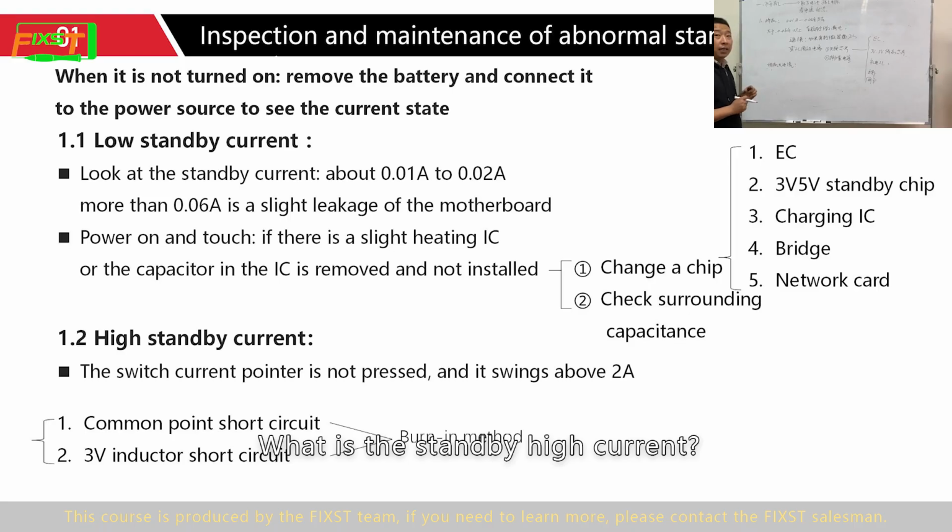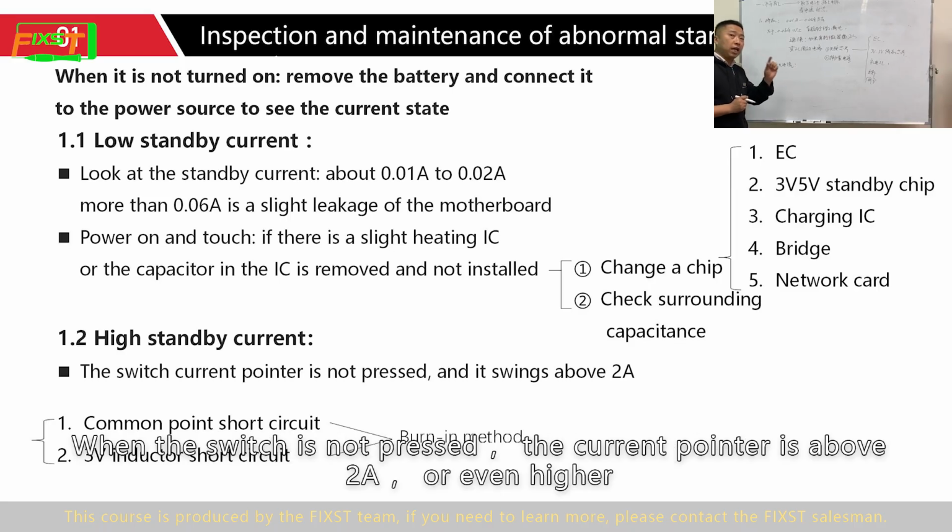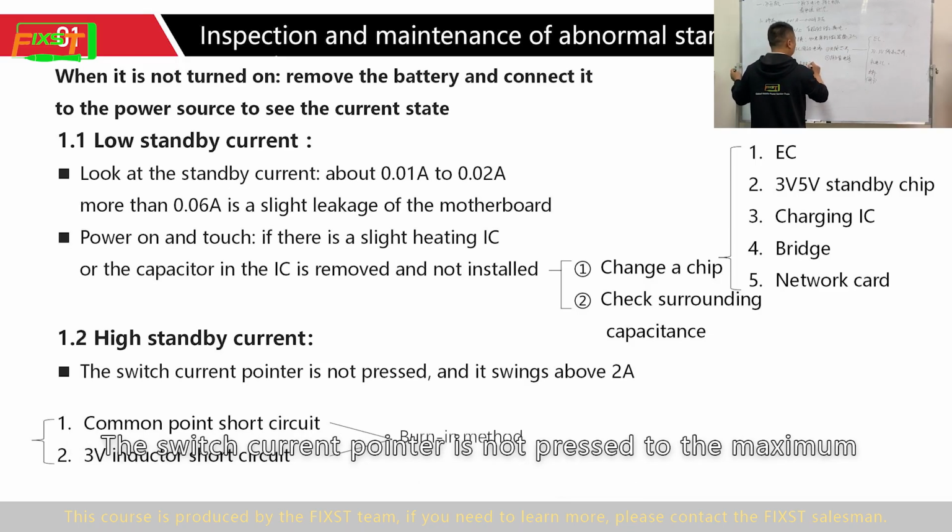What is a standby high current? When the switch is not pressed, the current pointer is above 2 ampere or even higher. The current pointer is at the maximum without the switch pressed.